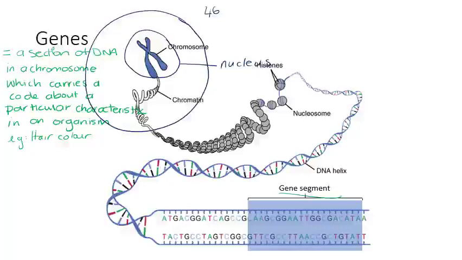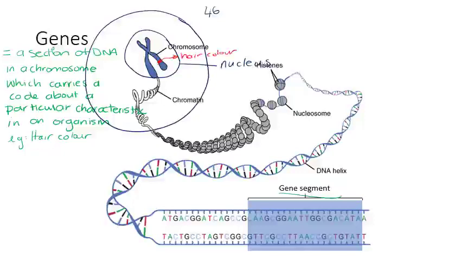So we have this in our nucleus, and in the nucleus we've got our chromosome. Now this chromosome has got DNA in it, and because it's got DNA in it, the DNA codes for a specific gene, right? So there we've got a specific space. Let's say that space is coding for hair color.